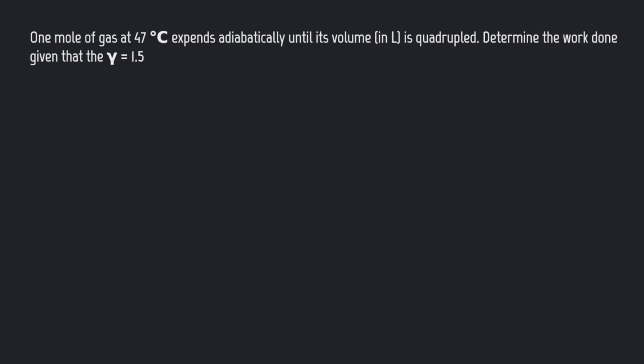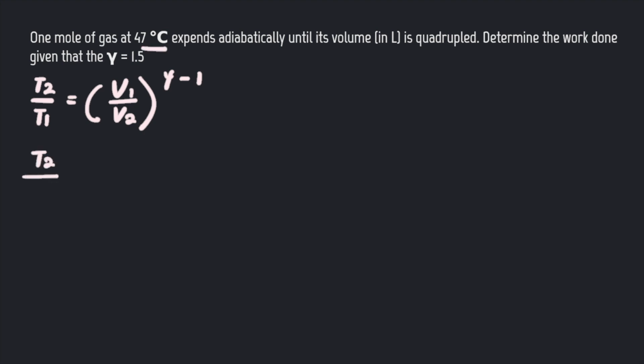So the first formula that you need to use is T2 divided by T1 is equivalent to the initial volume divided by the final volume to the power of gamma minus 1. Alright, so you don't know what is T2, but you do know what is T1, which is 47 degrees Celsius.